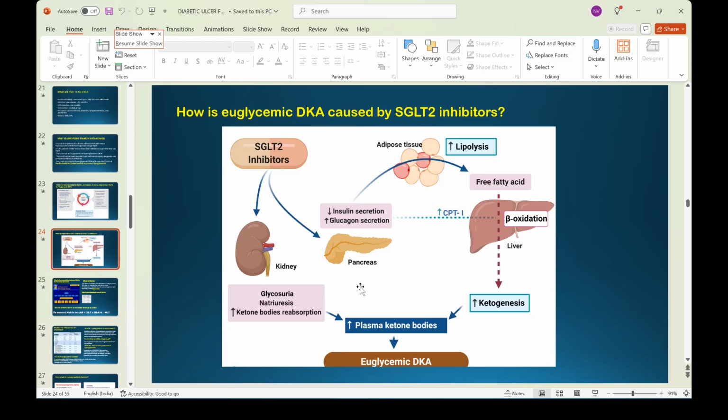They allow all the glucose to be eliminated in the urine. So that is what glycosuria, natriuresis, and increased ketone bodies reabsorption happen.